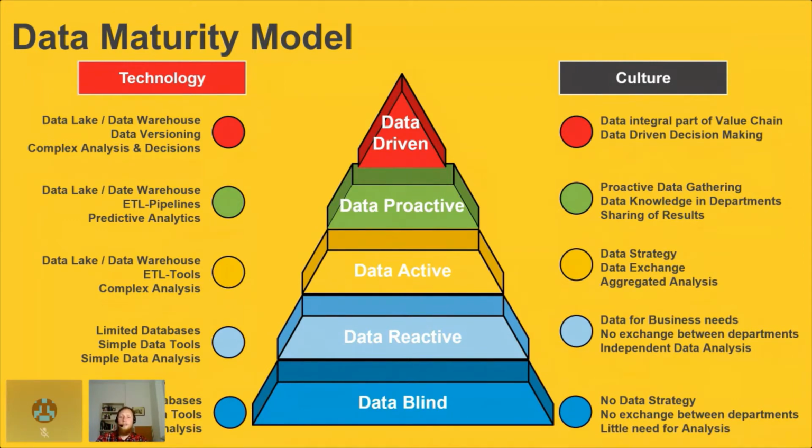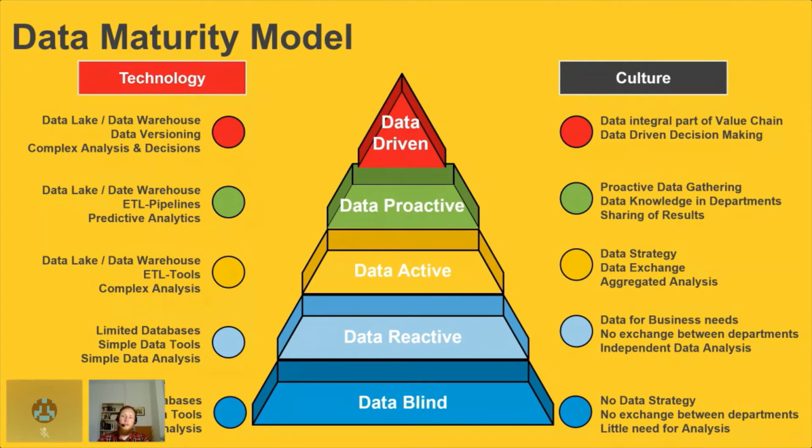Culture-wise, this level is characterized by extending the data strategy to a point where you start gathering data proactively, because you start thinking about the future, not only your immediate goals right now, but also the possibilities that data can open up for you in the future. You also start proactively collecting the data to reach these possible goals.